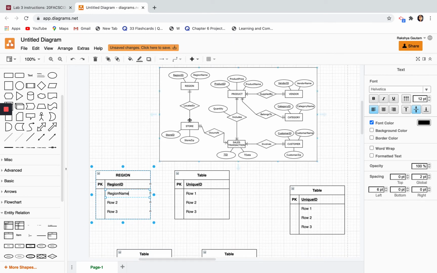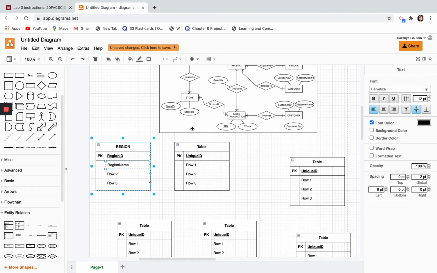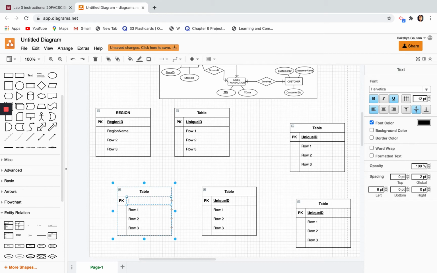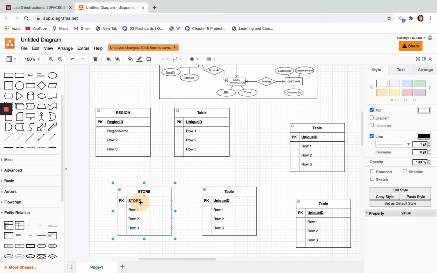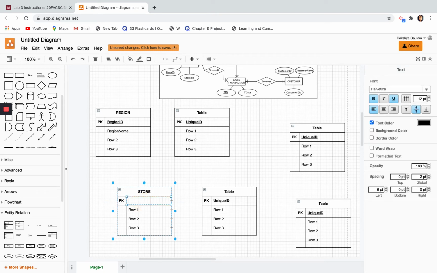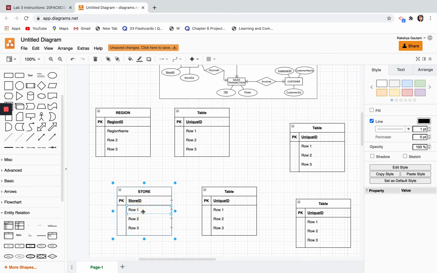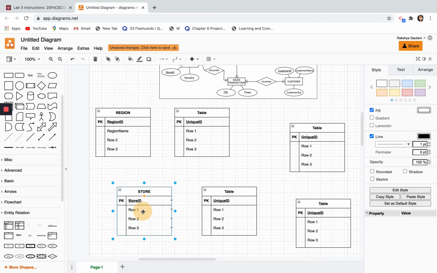As region is connected to store by a one-to-many relation, here is another table for the store. Store ID will be the primary key for the store, and store zip is another attribute.